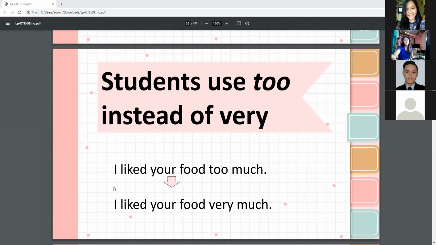For example, I like your food too much. It should be, I like your food very much. Why? Because when we add "too" in the sentence, it usually indicates a negative meaning. So when we say I like your food too much, it somehow indicates a negative meaning.